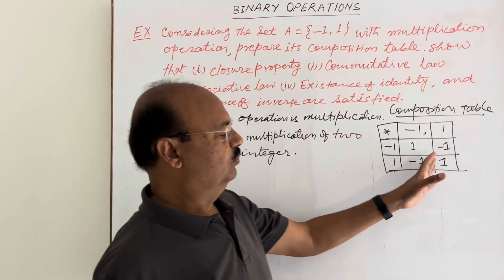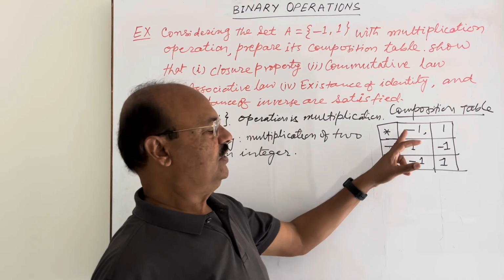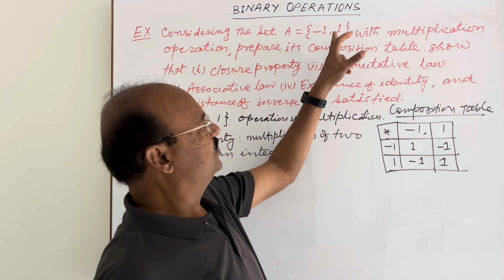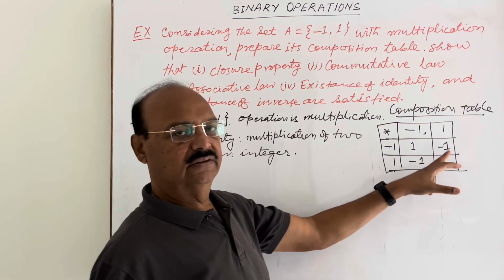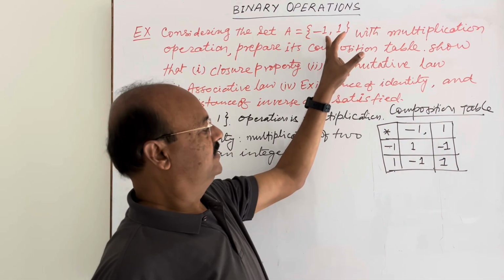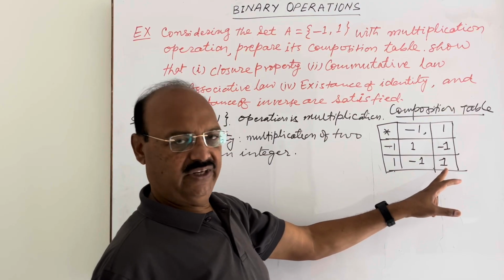Here in this composition table also we see that multiplication of elements of set A gives elements from this set only: 1, -1, -1, 1.